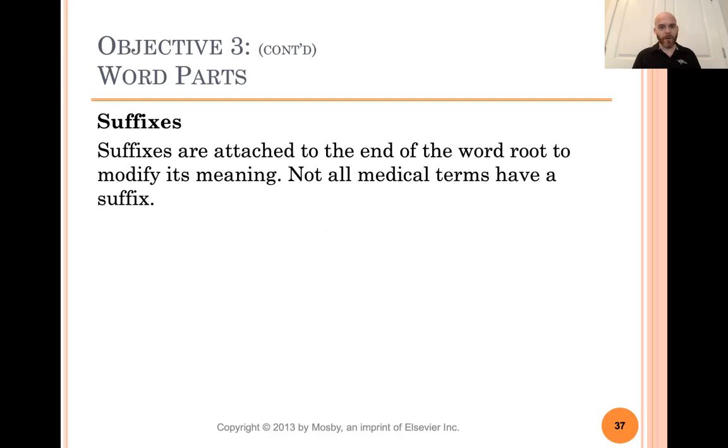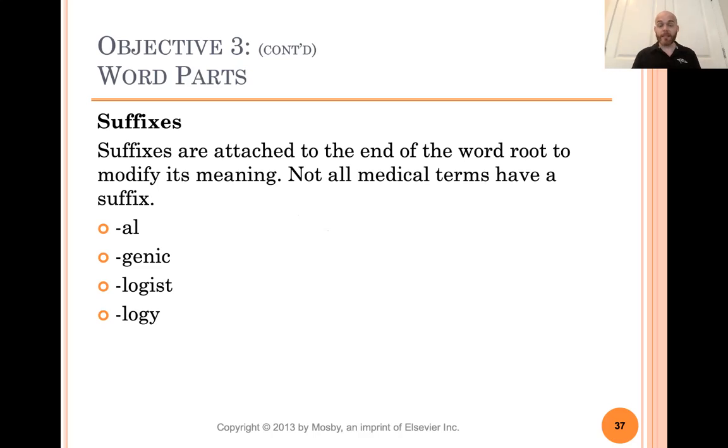Okay, suffixes are at the end of words, like al, genic, logist. So al just means pertaining to. Genic usually means creating or making something anew. Logist is a person that studies a disease or bodily function.